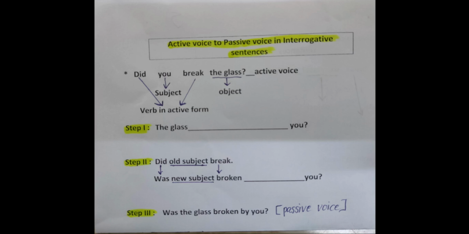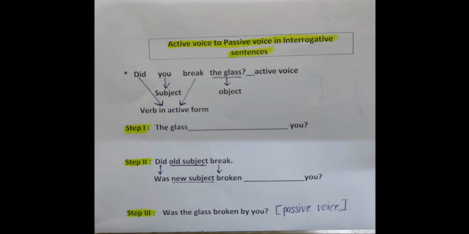Now let us come on step number 2. Now the active form of verb was did break. While turning into passive form, it will become was broken. The subject in the initial sentence was in between the two verbs.